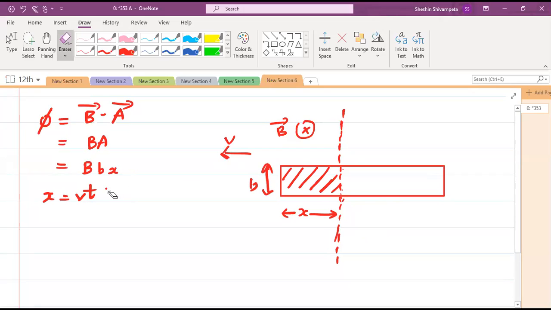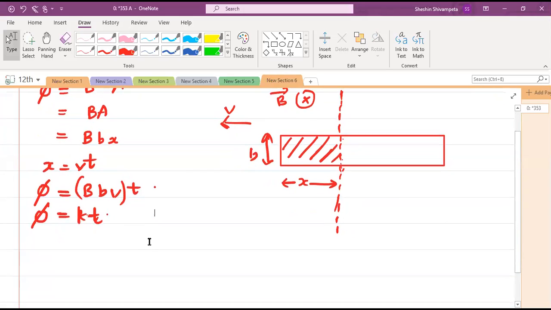So is x equal to vt? तो फ्लक्स जो होगा वो क्या हो जाएगा, capital B small b into v into t. ये कब तक होगा ऐसे, जैसे मान लेना first of all capital B, small b and v are constants. So flux will be equal to k into t. Yes, ये होगा ना, flux will be equal to k into t.